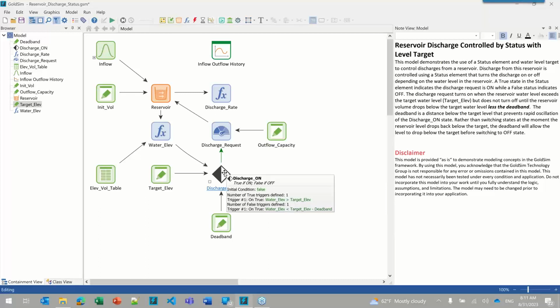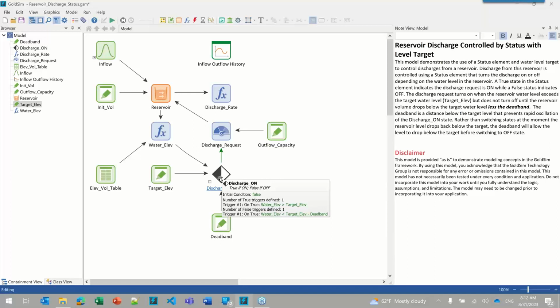The status element is really important because it allows us to not immediately make a change every time we might cross that target boundary. The reason I say that is because you might have a really large model, and you might have inserted many short time steps, and you don't need to be switching on and off repeatedly as your water level is bouncing around just little tiny bits around the target level in very small increments.